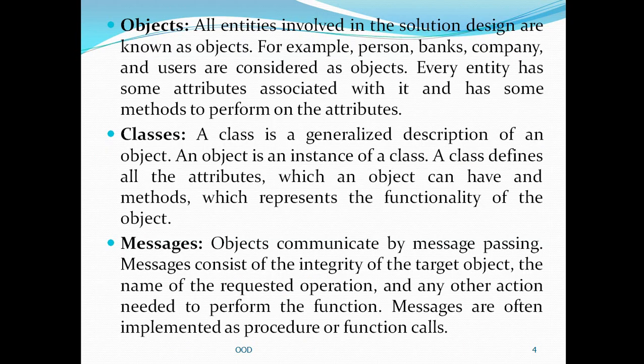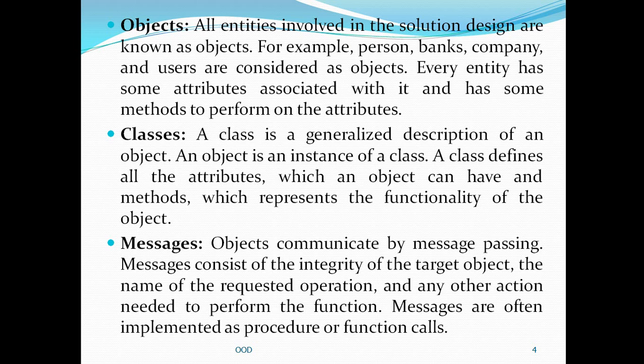What is an object? An object is a real time thing, and an object is an independent unit of software in the system. See the definition. All entities involved in the solution design are known as objects.